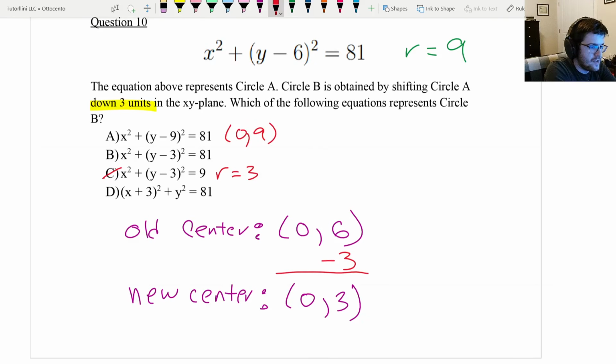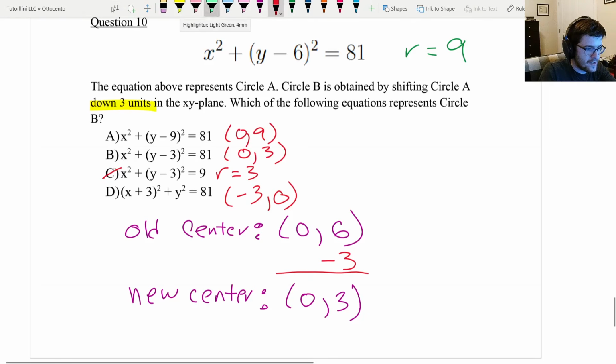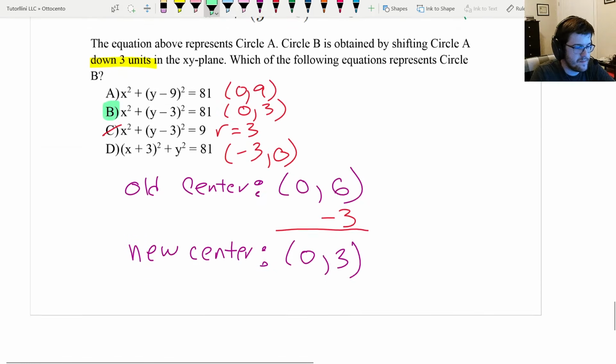Change the sign. This one has a center of 0, +3. Change the sign. This one has a center of -3, 0. Seems like the only one it could be is the one with 0, 3 and the correct radius, which is answer choice B.